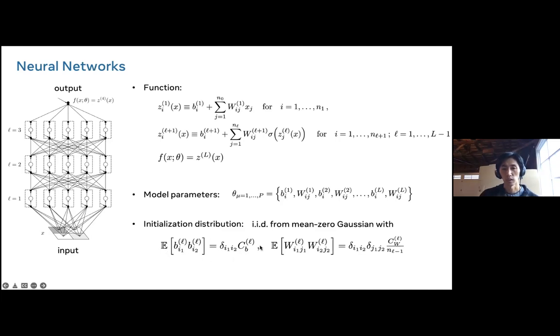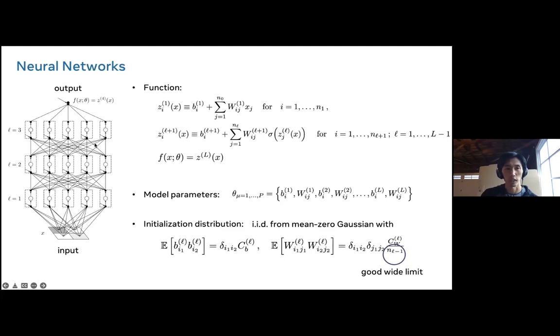So this is the variance for biases, and this Kronecker delta is just a fancy way to say that it's IID distributed. So each component is drawn from a different Gaussian distribution with the same variance. And similarly for weights, W. And here the note is that it's divided by n_{L-1}, the number of neurons in the previous layer.